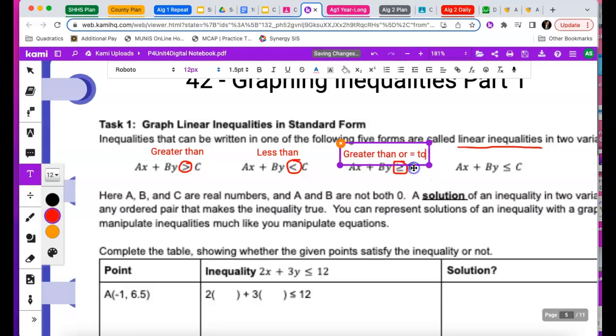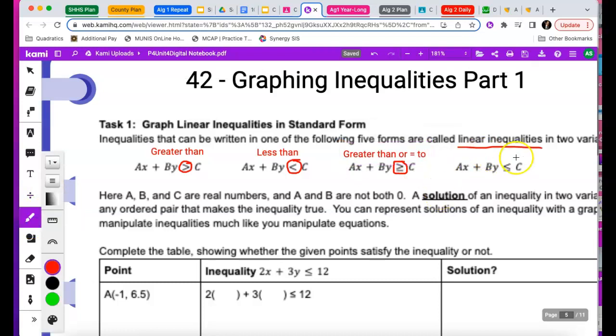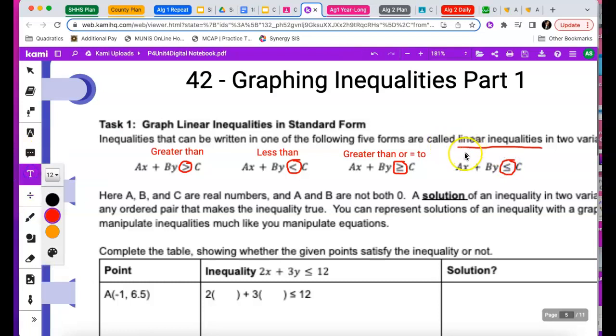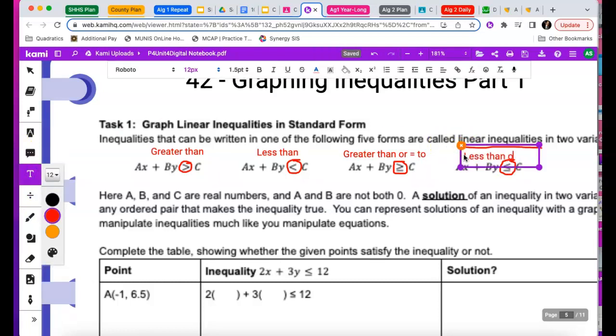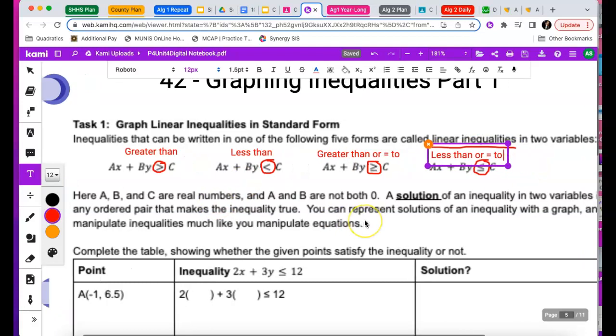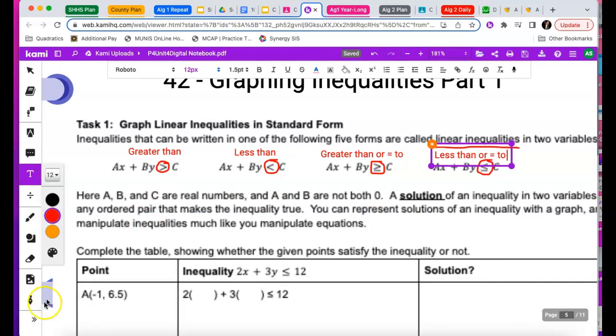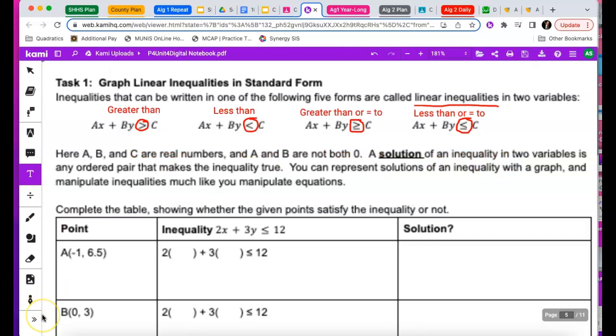And same thing for the last one, except less than or equal to, since it's in the opposite direction. So those are our 4 different symbols. Greater than, less than, greater than or equal to, or less than or equal to. All right, so now we know the 4 different types of inequalities.